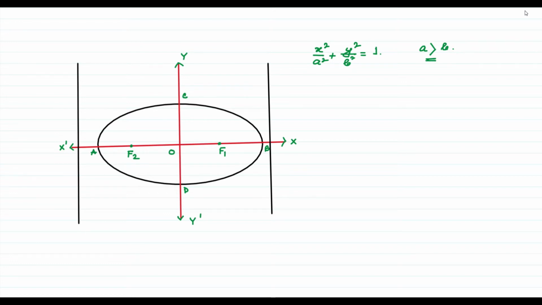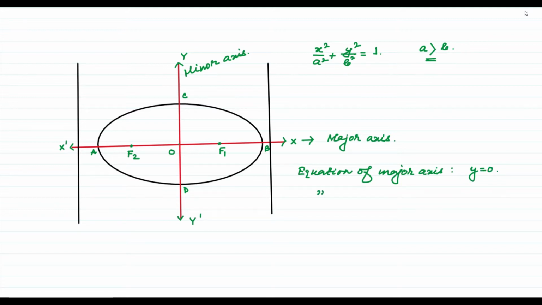Now let's see the coordinates of the different points. If we take the origin as the center of the ellipse, the x-axis will be considered as the major axis, and the y-axis will be considered as the minor axis. So the equation of the major axis is y equals 0.